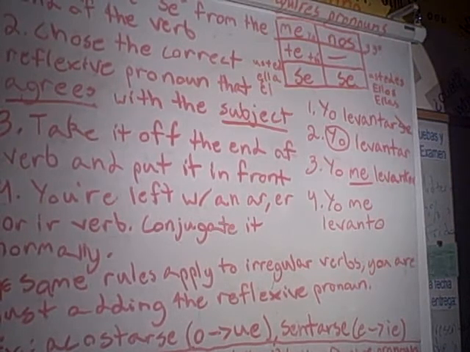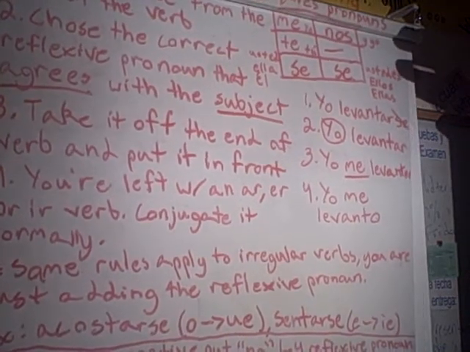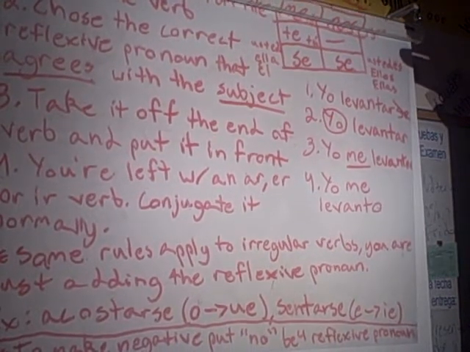There are some irregular verbs, and it's the same. You conjugate the irregular verb the same way you normally would, and you do the same thing with the pronouns. There are O to UE changes and E to IE changes for words like that.